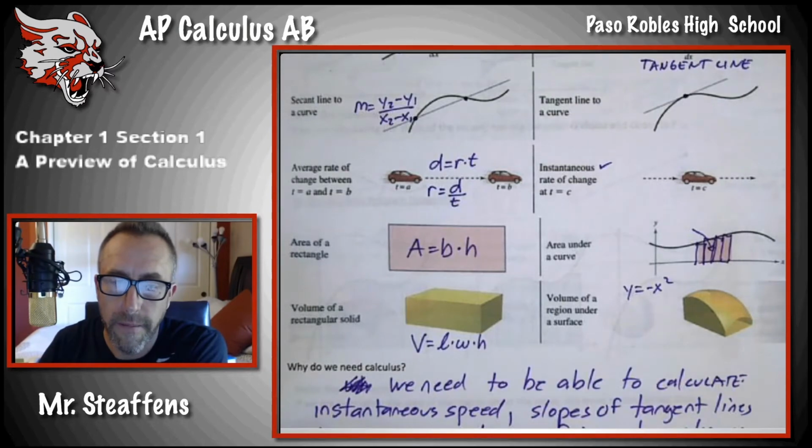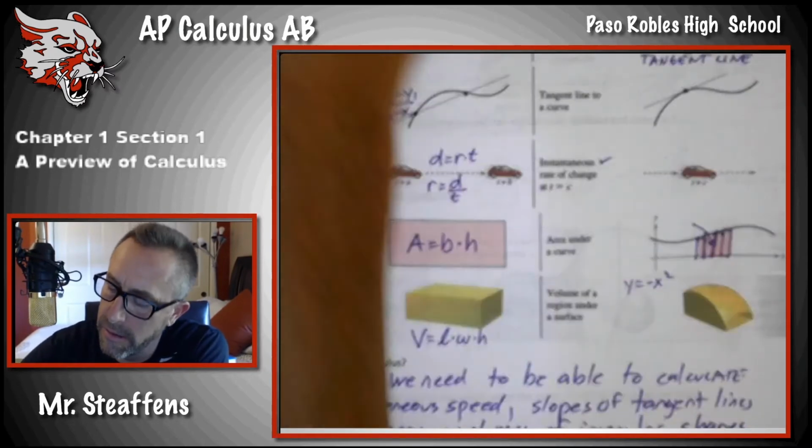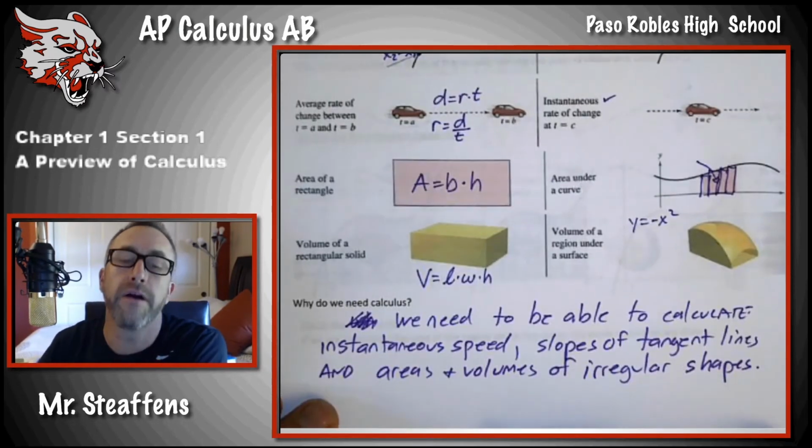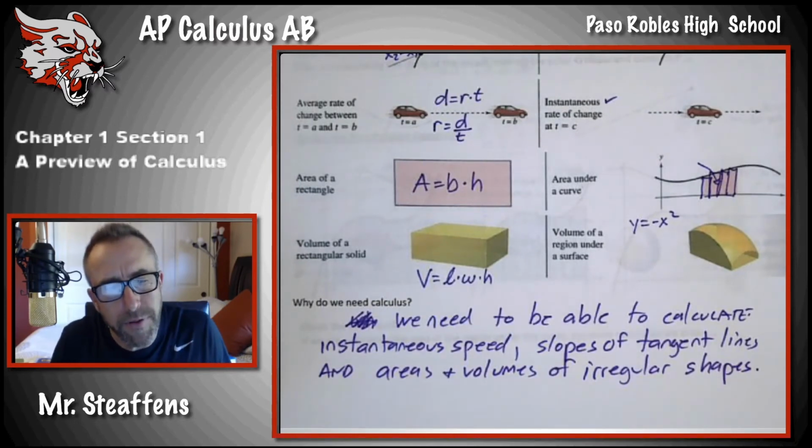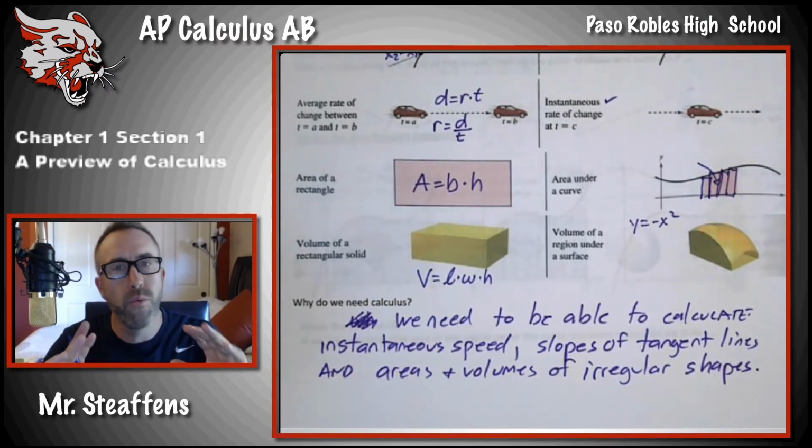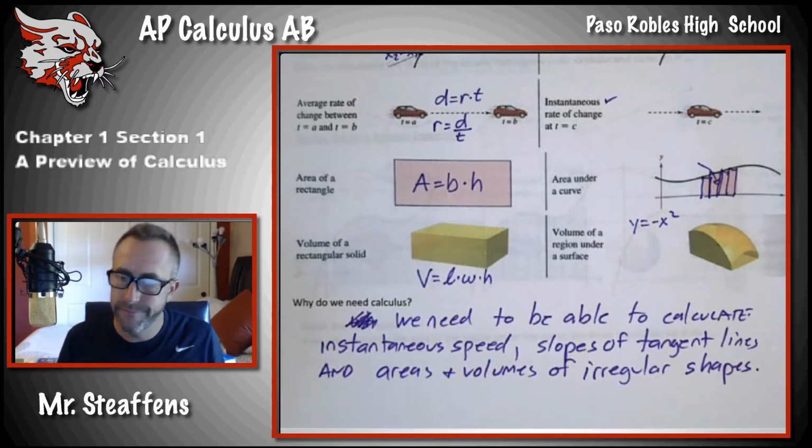Okay. Whoa, hold on. I've got a speaker that is in the way. Okay, go. So this is an example of why we need calculus. I'm sure that you came up with way better ideas, but you know, it is what it is.